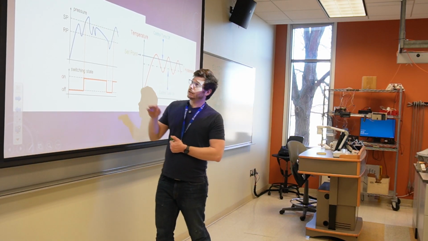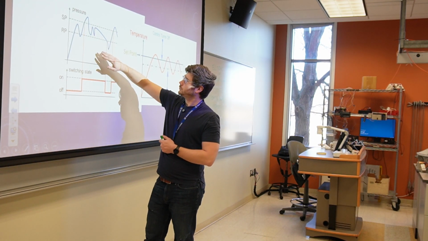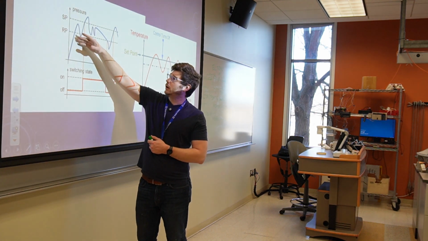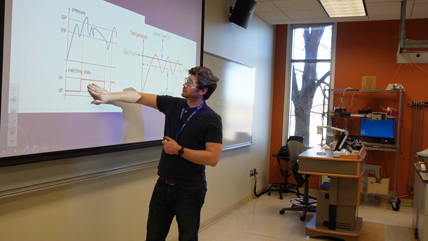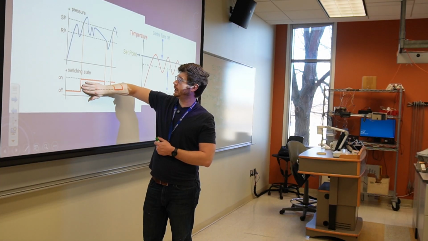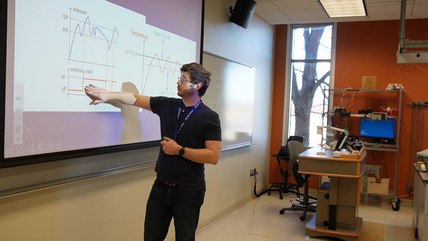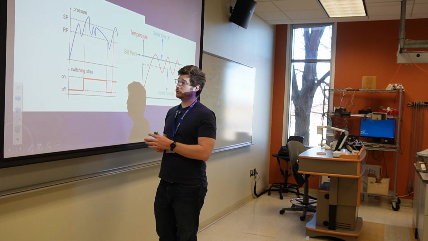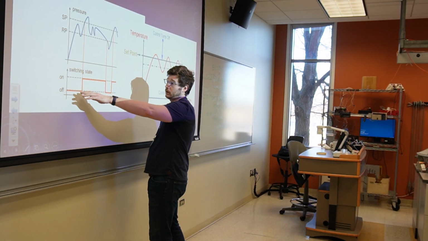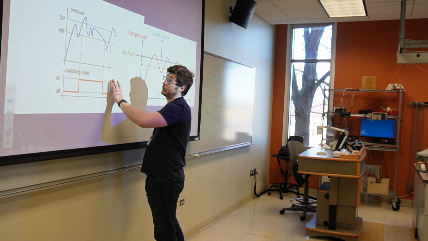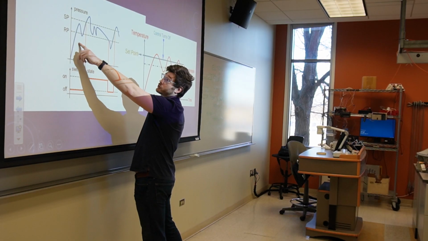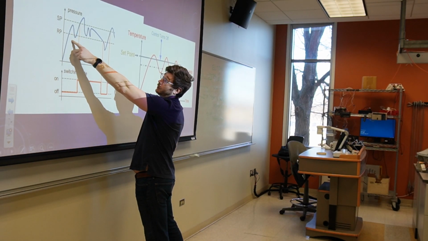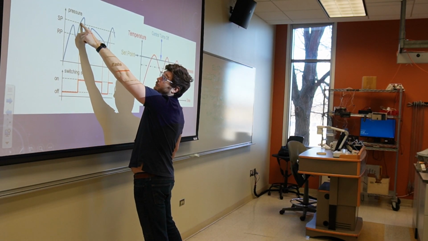So here is another example on where our set point changes, okay? So here we have the original switching state. This is like a temperature controller or a pressure controller, actually, when we need to increase the pressure and when we need to not. This was our original threshold, and when we hit it, it raised up here.